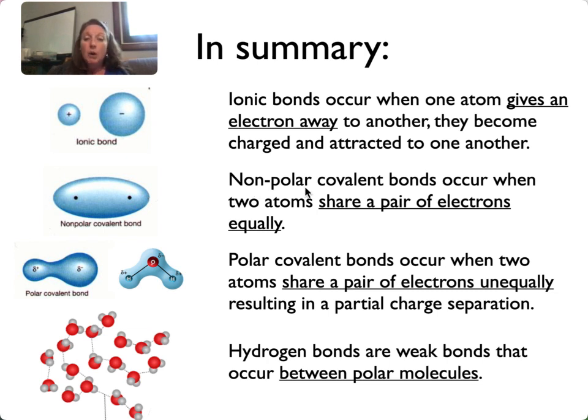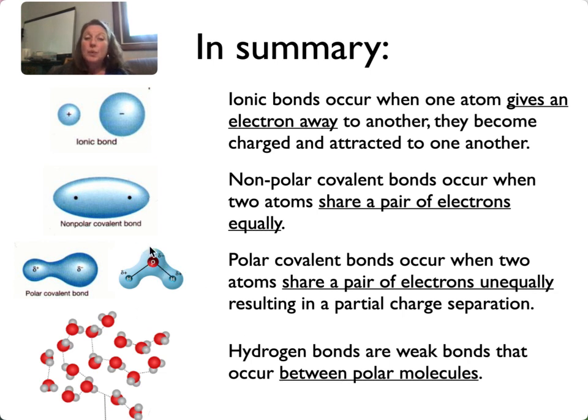We saw nonpolar covalent bonds when two atoms share an electron from their valence shell and they share it equally. And then we saw polar covalent bonds when two atoms share their electrons in their valence shell, but they don't share them equally, and the electrons spend more time around the larger of the two atoms.